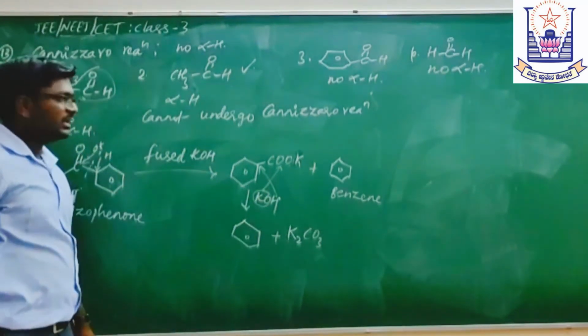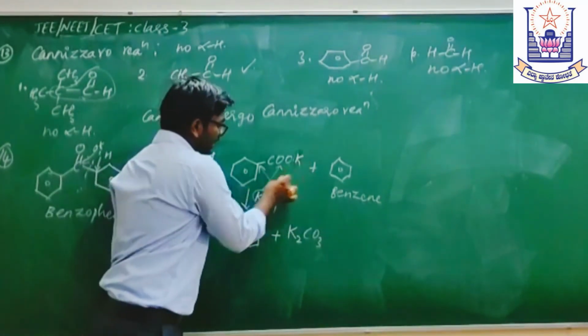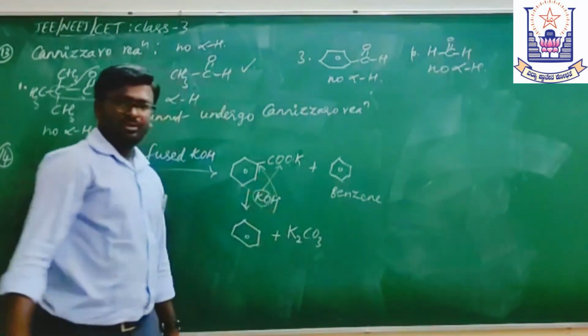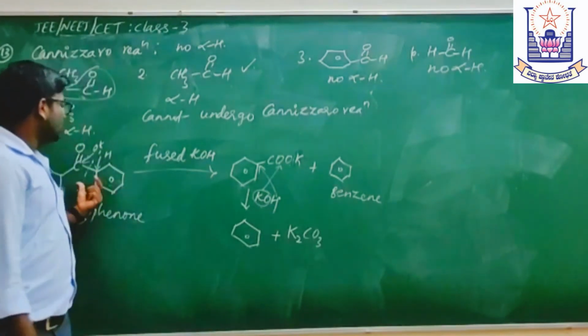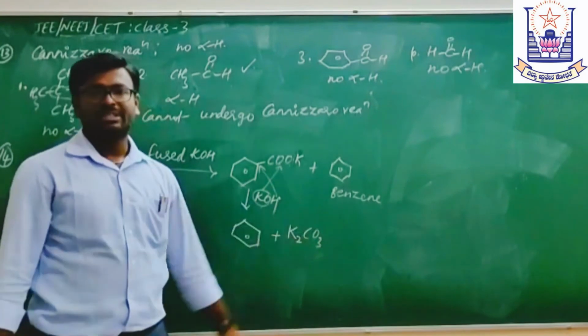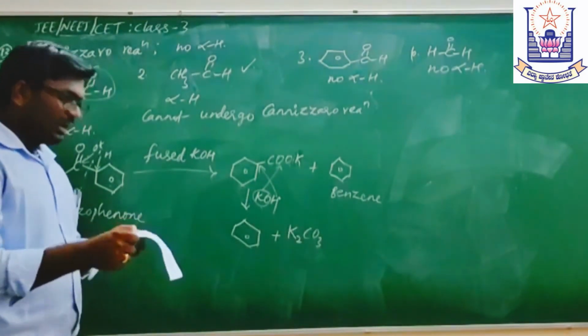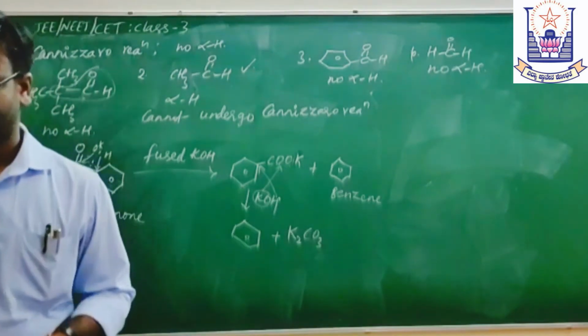So here decarboxylation will take place, and K2CO3 will be formed. When benzophenone is treated with the fused alkali, the final product is benzene. Therefore, option 1 is the correct answer.